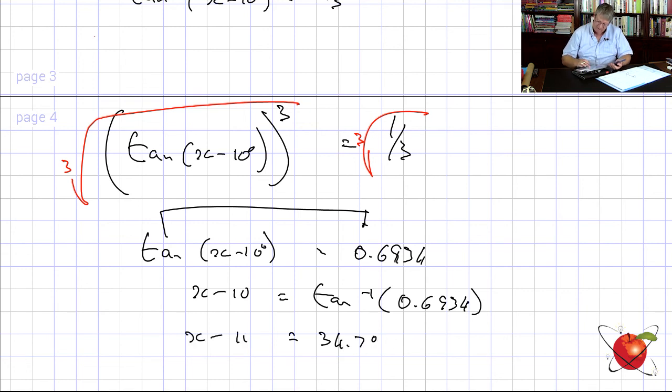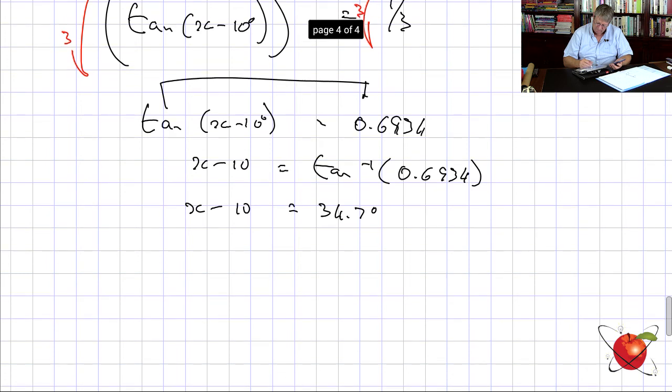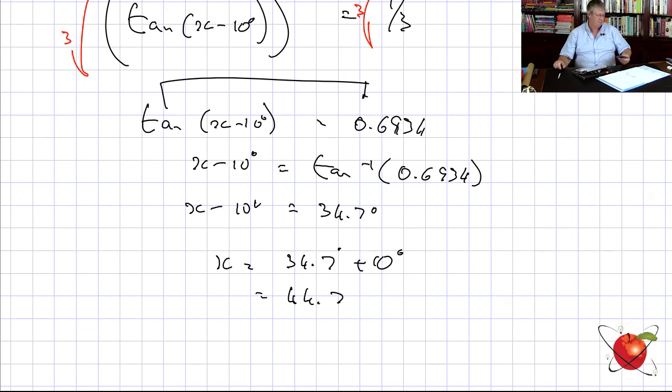Therefore, x is going to be equal to, always degrees, 34.7 plus 10 degrees, which is 44.7 degrees. Okay, there you go, right?